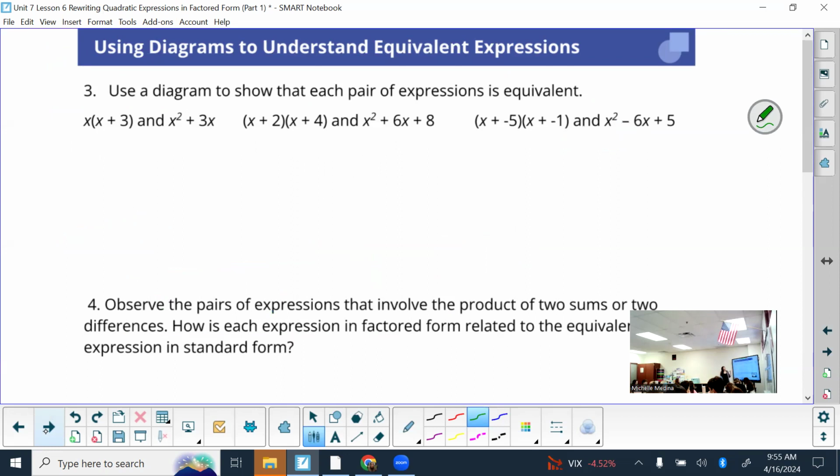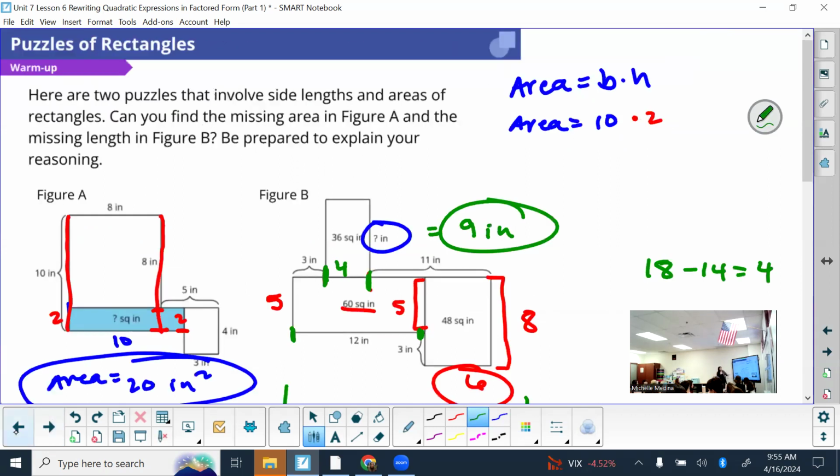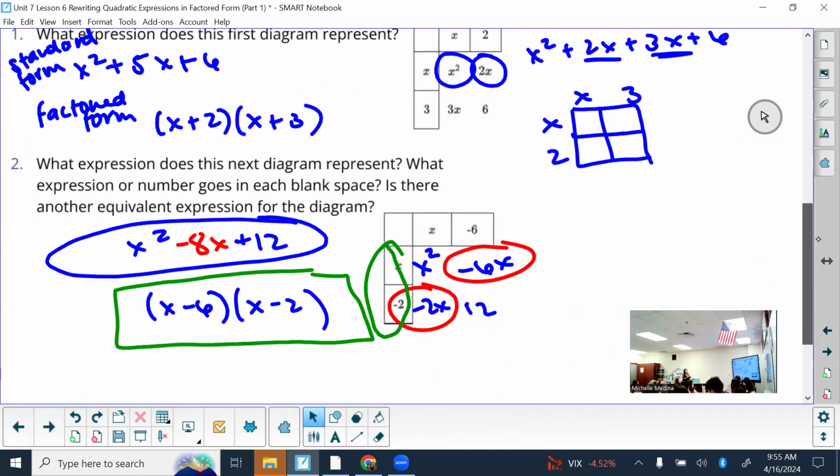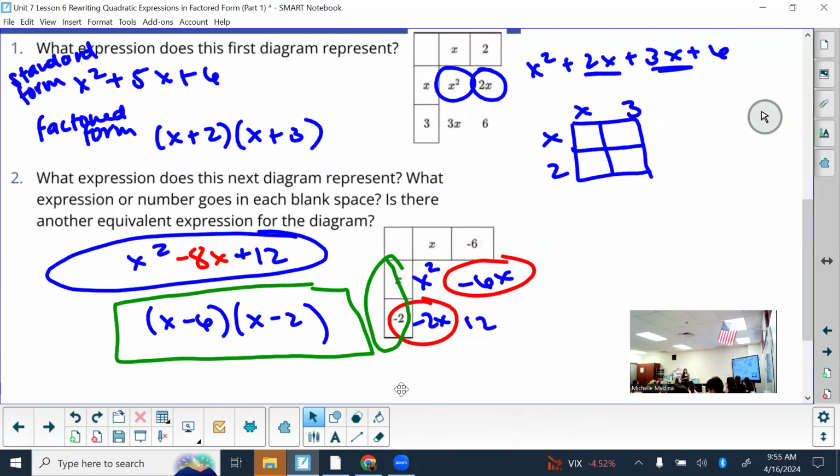Okay, but use a diagram to show that each pair of expressions is equivalent, kind of like we just did before. So since it's something you've done before, I'm gonna freeze my screen and then show you the answers after about 3 or 4 minutes. I'll leave these up as an example. So do number 3, that's on your paper.